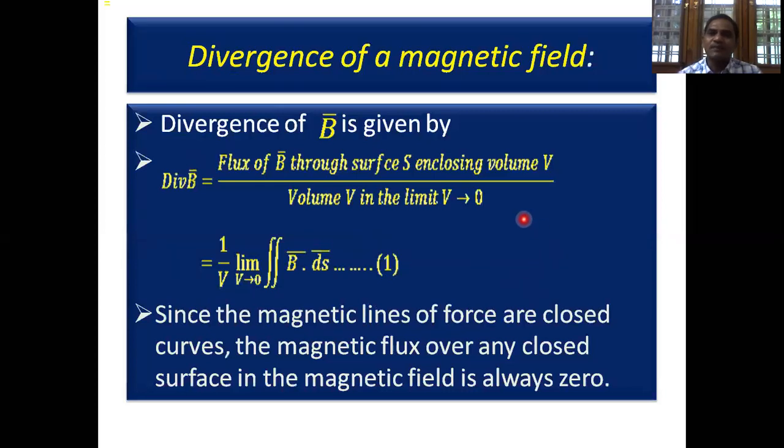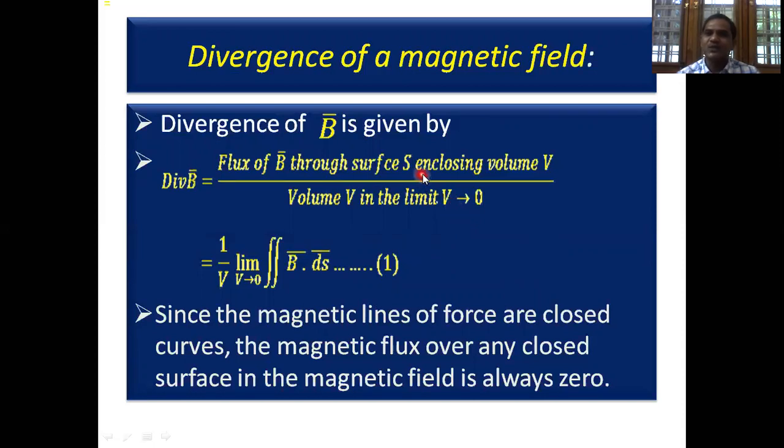The next concept is, what is the divergence of the magnetic field? Let us discuss in detail here. The divergence of any magnetic field; here magnetic induction field strength we are considering. Therefore, the divergence of B bar is given by the flux of B bar through surface S, which is enclosing the volume V, divided by volume V in the limit as V tends to 0.